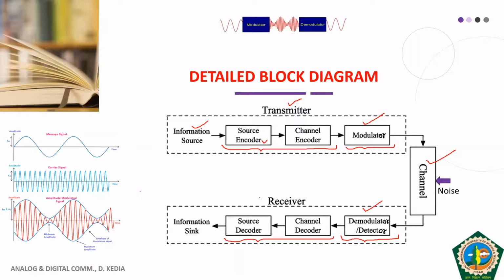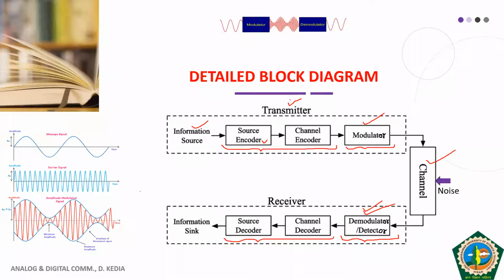The block which carries out this modulation is called the modulator. Since we are carrying out modulation at the transmitter side, we need demodulation at the receiver side. So these are dual of each other.